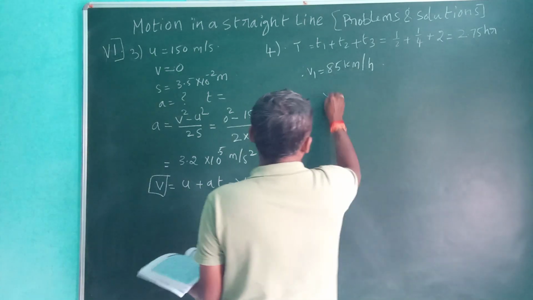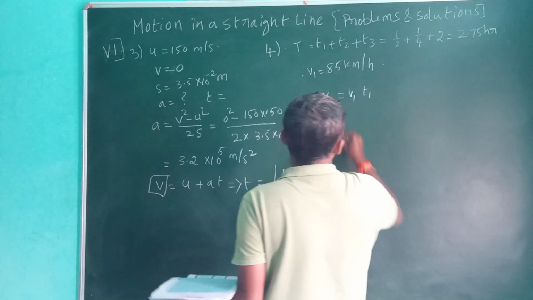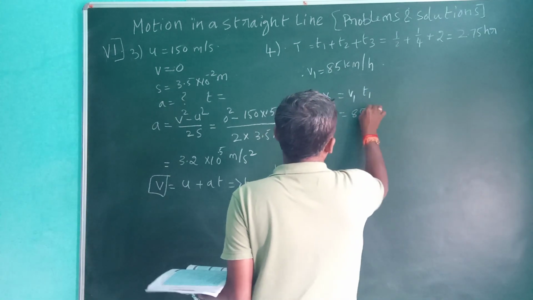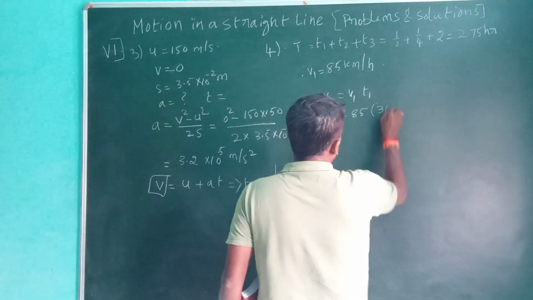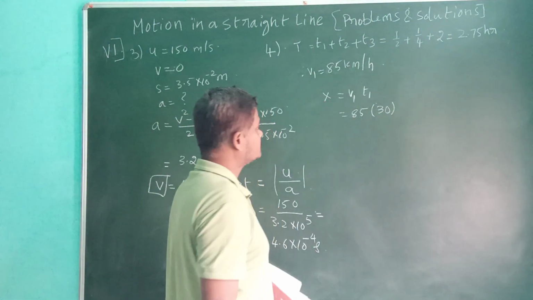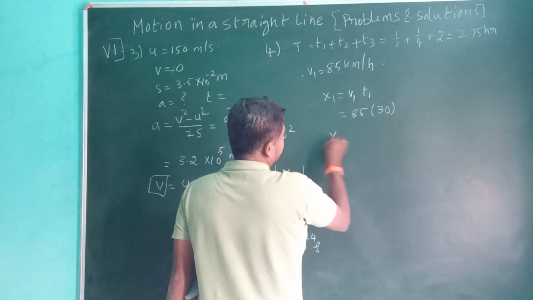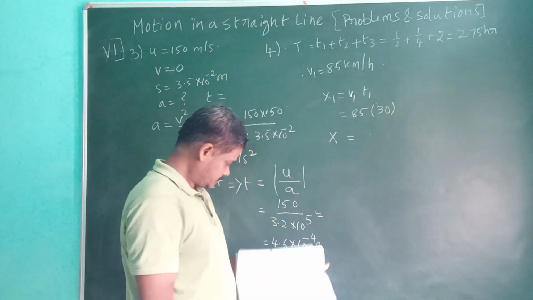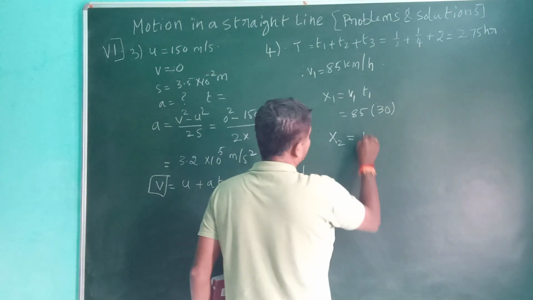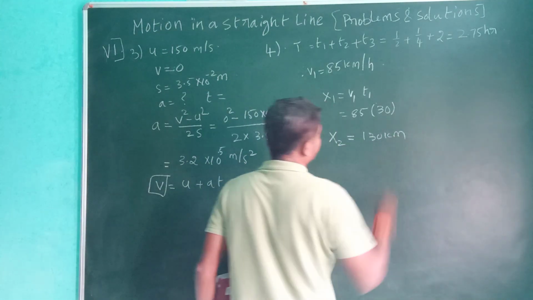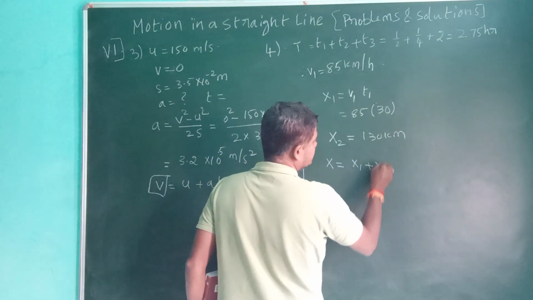So distance traveled is nothing but velocity into time, that is 85 km per hour, and the time traveled is 30 minutes. This is the distance traveled, and he travels another 130 km in 2 hours, so x2 is equal to 130 km. Therefore, total distance traveled x is equal to x1 plus x2.